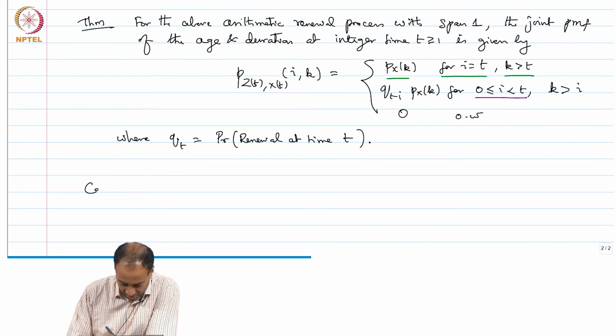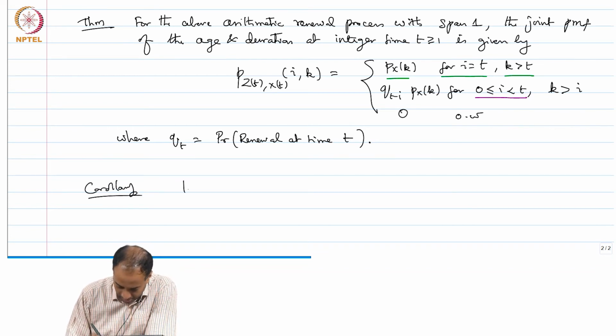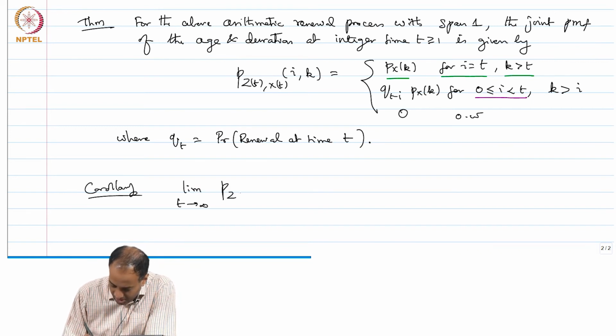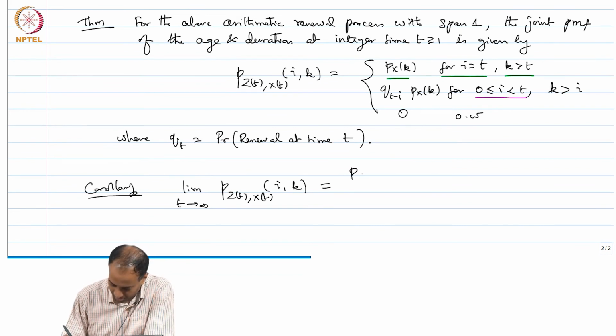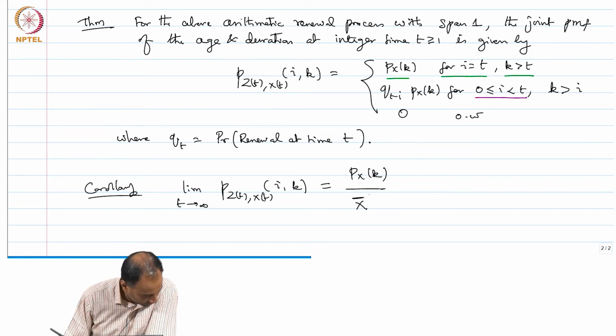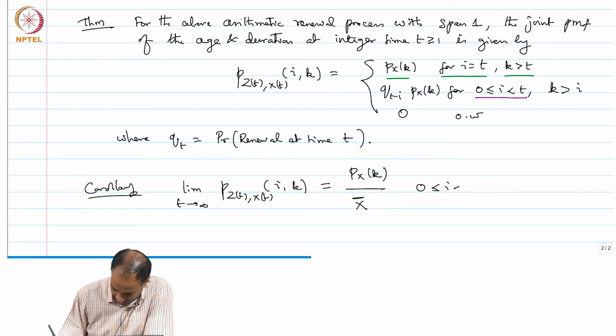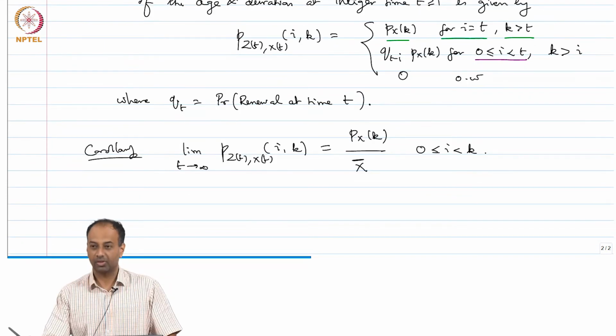As a corollary, we can say limit t tends to infinity p z t x t of I comma k is equal to p x of k over x bar for 0 less than or equal to I less than k. So, this is a corollary that comes from the above result.